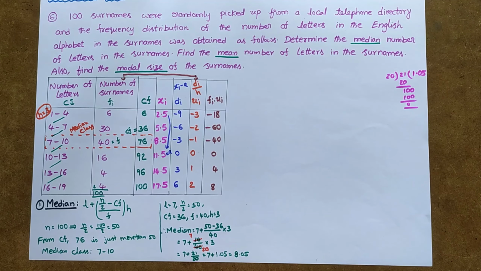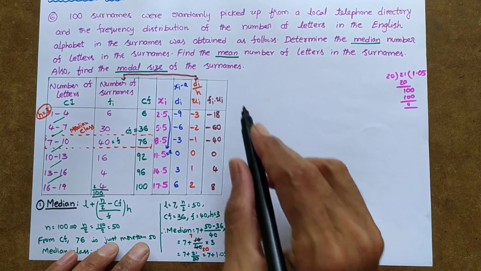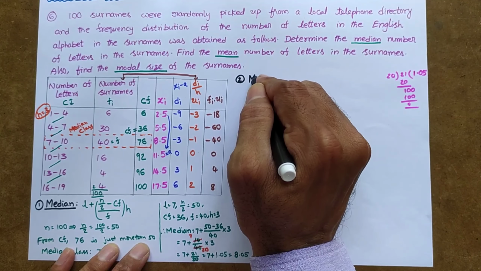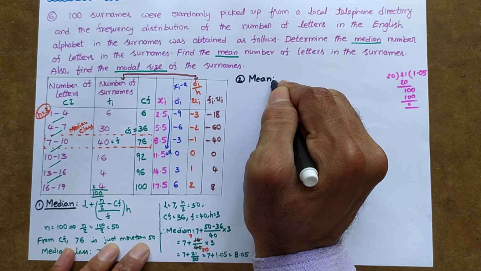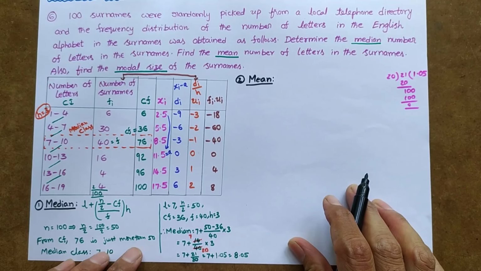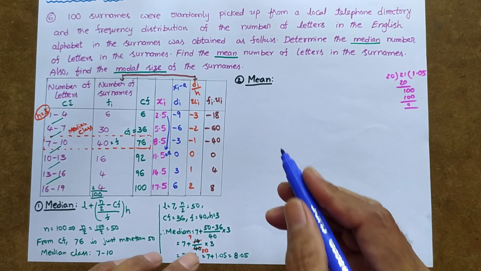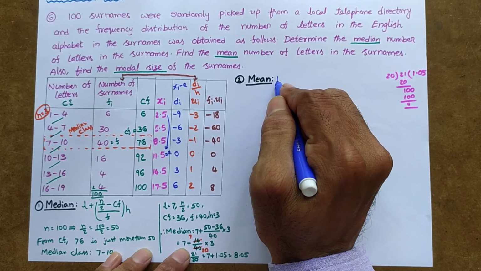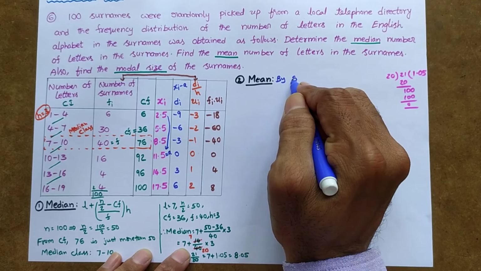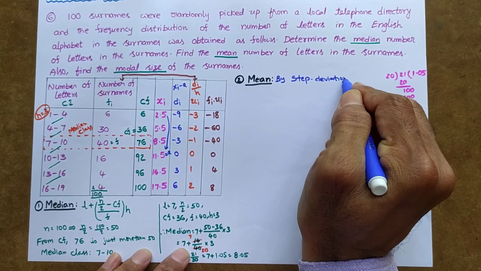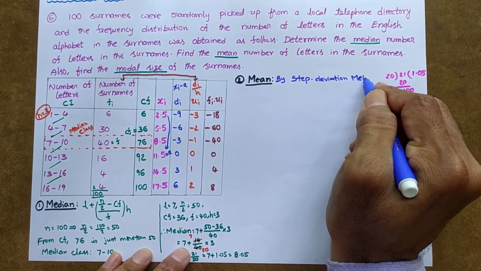Now the second bit: we are asked to find mean. Now let us do the second bit, that is mean. Now the formula for mean. As we are following the step deviation method, let us mention the method, by step deviation method.